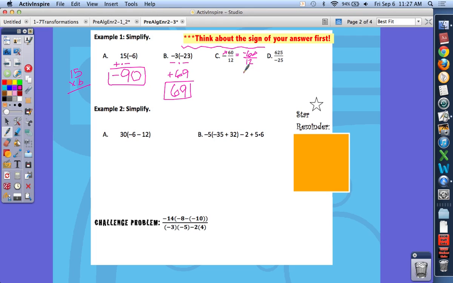It would also be the same thing as 60 over negative 12, okay? What it's not the same as is negative 60 over negative 12. That is not the same thing. So either one of these you can do. A negative divided by a positive, same signs or different signs? Different, so we're going to end up with a negative answer. And what is 60 divided by 12? Negative 5.